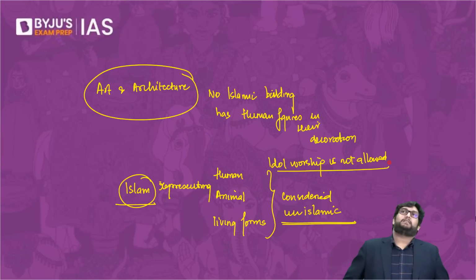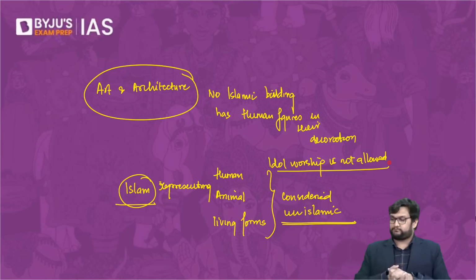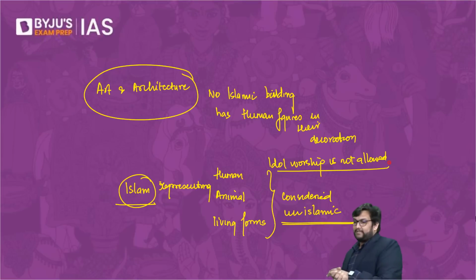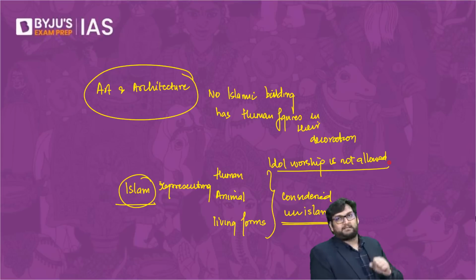Now the architects of Delhi Sultanate are stuck. They're stuck because they cannot make human figurines. And if they can't make human figurines, how should they decorate their buildings? Because they can't make plain buildings.